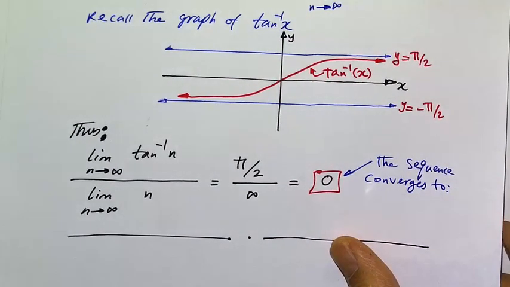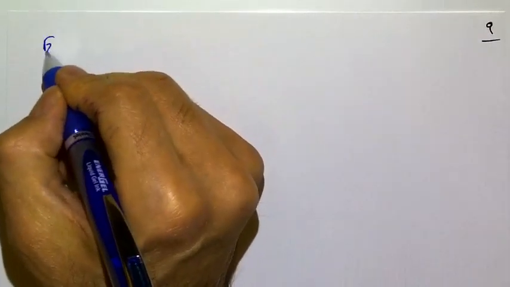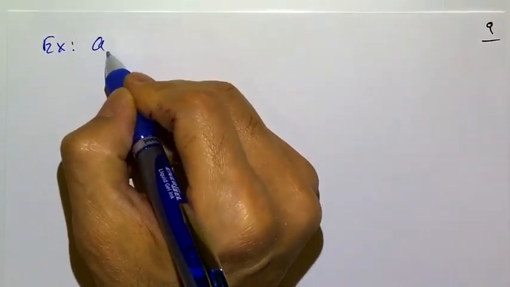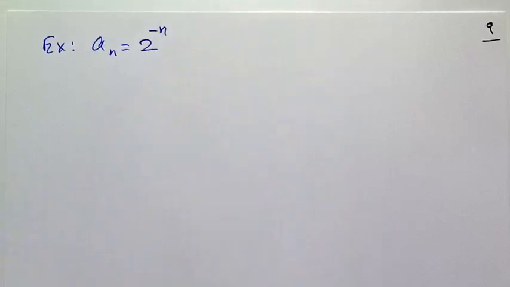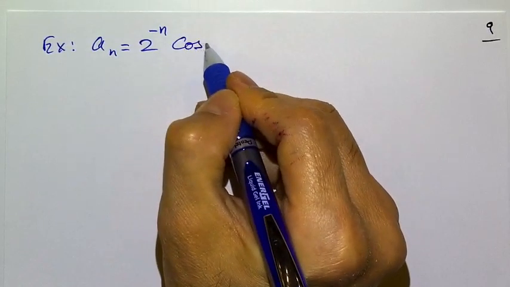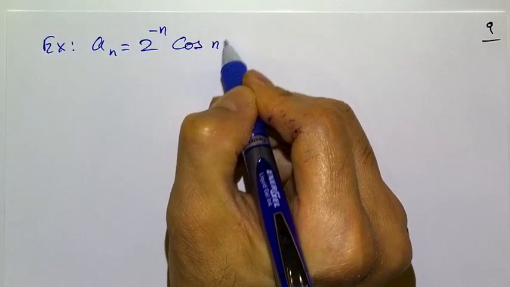Let's do another example. Suppose we have this sequence 2 to negative n power times cosine of n pi.